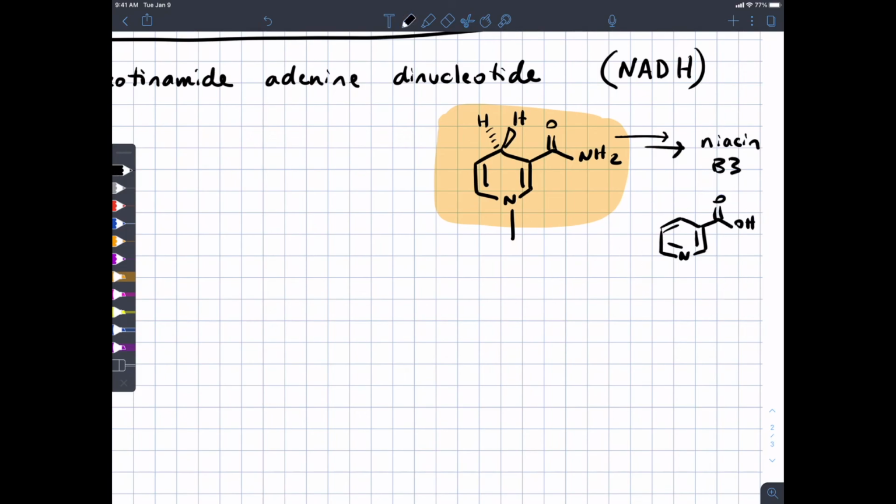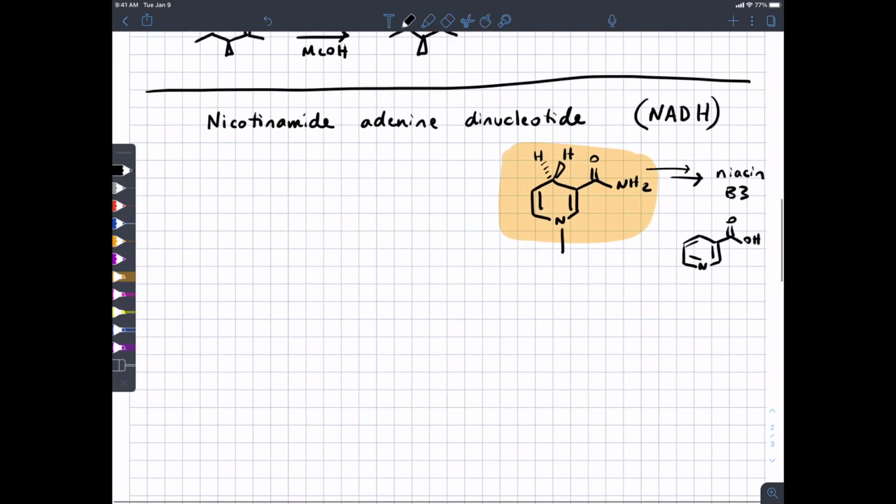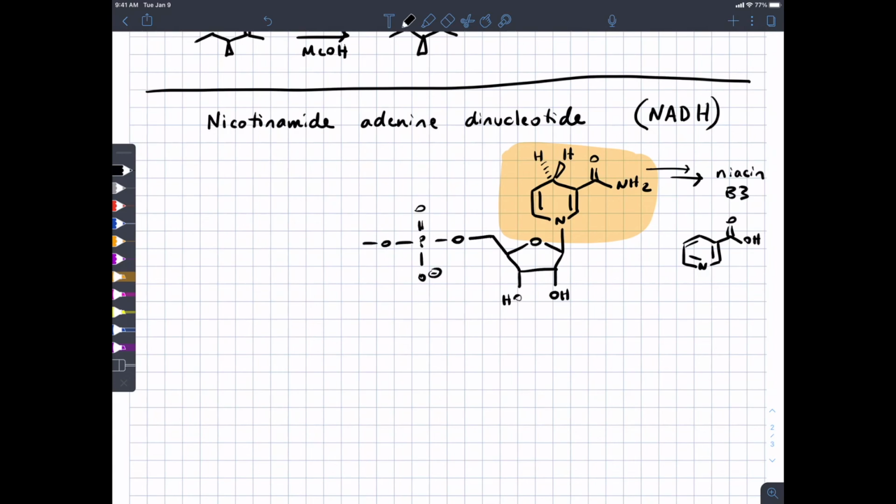All right, so what's the rest? Well, this nitrogen is attached to a 5-membered ring sugar called ribose with oxygens here. Then there's phosphates here. This is where the nucleotide part comes in. You've got a phosphoanhydride linkage here.